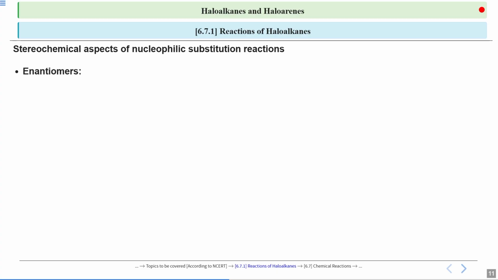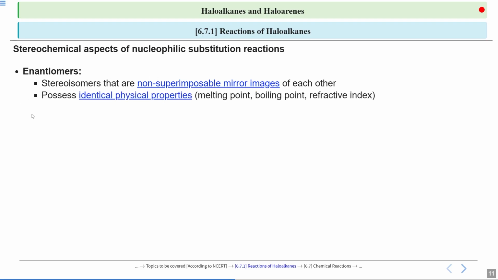Enantiomers. Now, let's see the enantiomers. Stereoisomers that are non-superimposable mirror images of each other. So enantiomers are those stereoisomers that are non-superimposable mirror images of each other. Until now, I hope you have understood the meaning of non-superimposable mirror images.